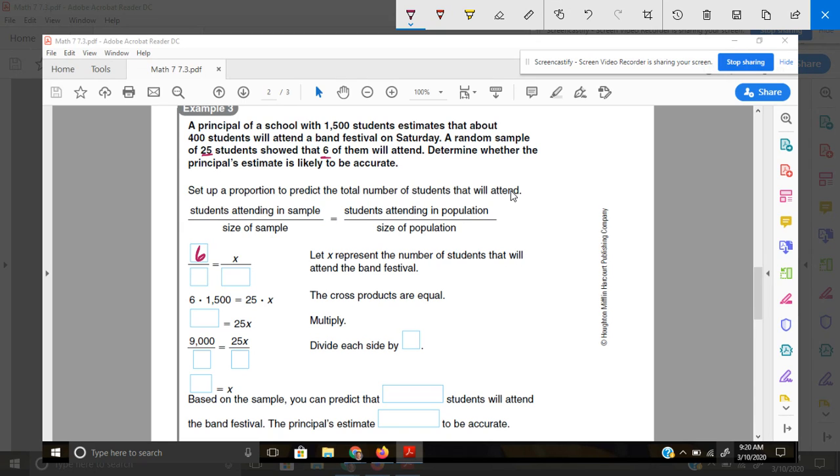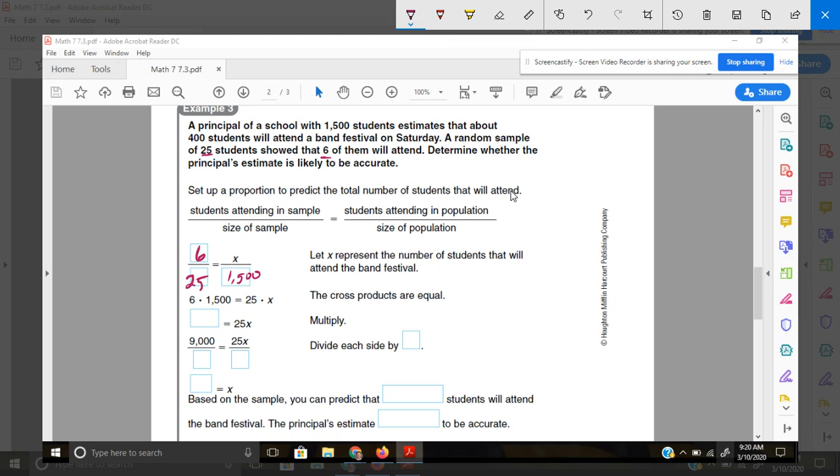He sampled 25. That should be equal to the students actually attending in the population over the size of the actual student body. We don't know how many students will be attending from this population of 1,500. That's what we're trying to estimate. And what is the size of our population of our student body? That's 1,500.